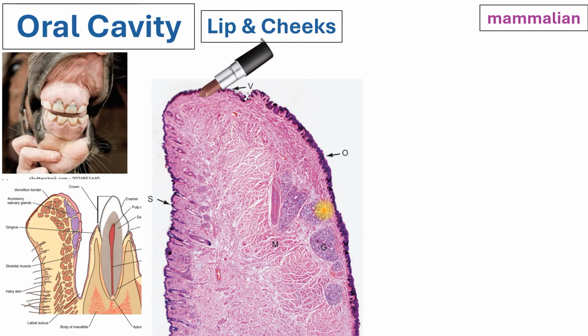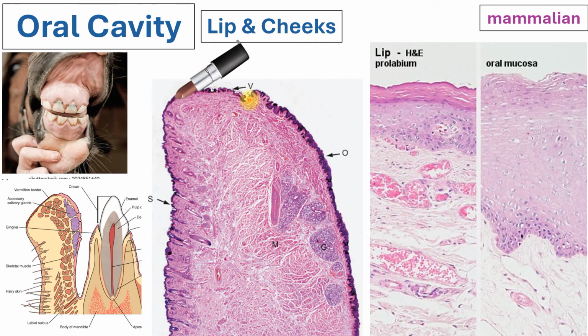This area is actually where humans would usually put their lipstick. So again, the outside area is dry and has a cornified layer and a relatively thinner layer of stratified squamous epithelium as compared with the oral mucosa in the inner layer, which doesn't have a cornified layer, doesn't have keratin, so it is moist.